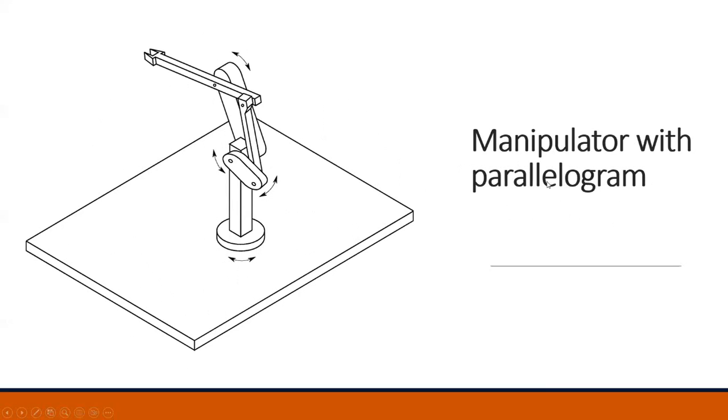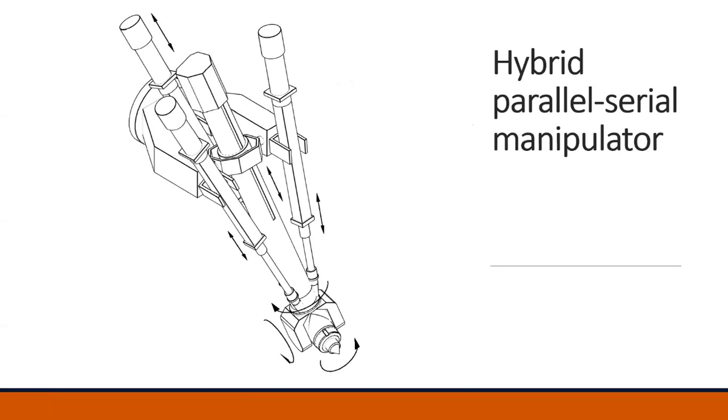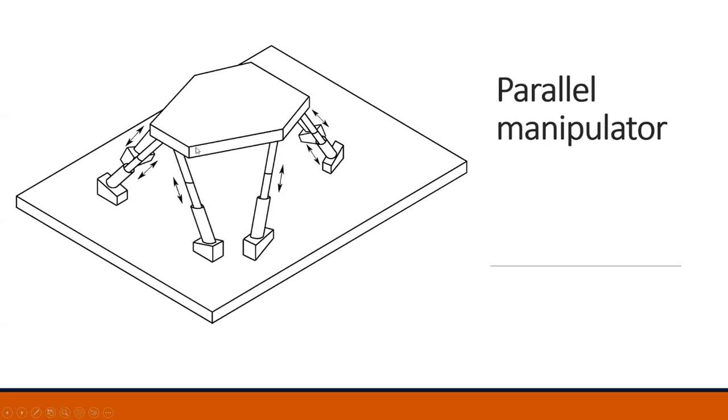Parallel means that you have multiple controllers. Usually you don't use only one to control the endpoint; you have multiple controls at different points. Something like this is called a parallel manipulator.